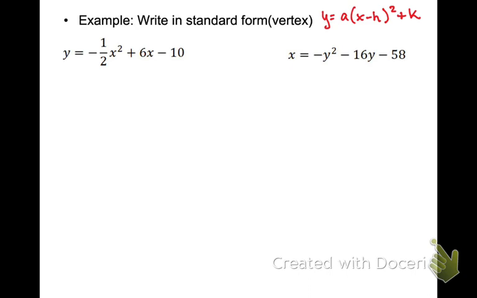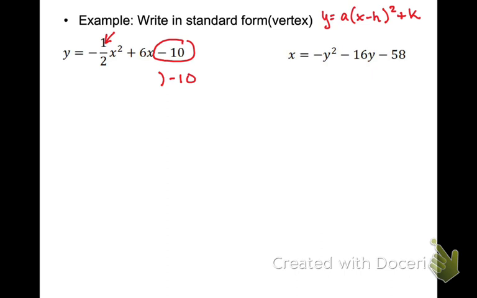So when we complete the square, we have to kick out the constant. Remember doing that? Maybe not yet. Okay, kick out the constant, and your leading coefficient has to be 1.